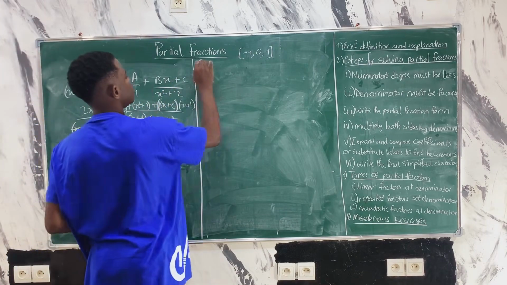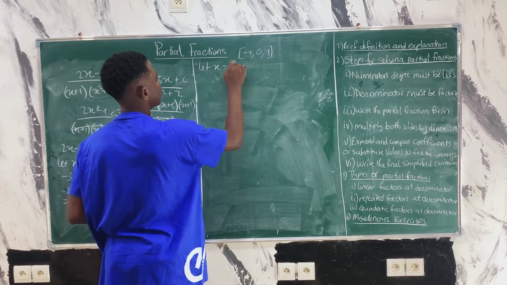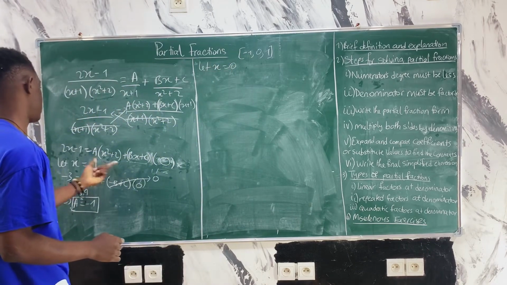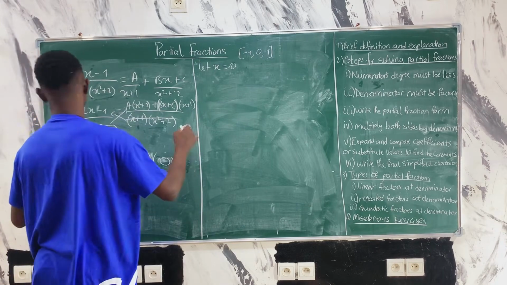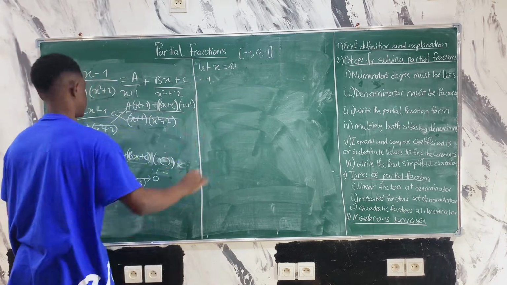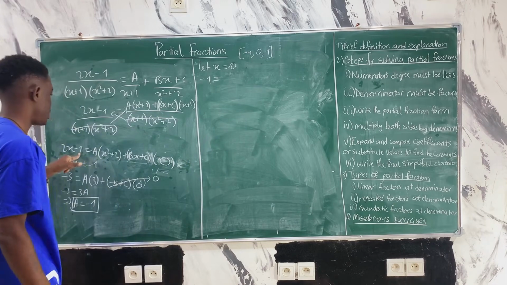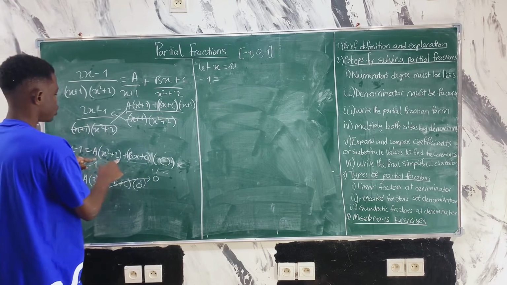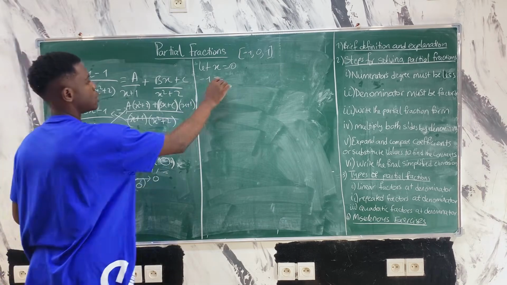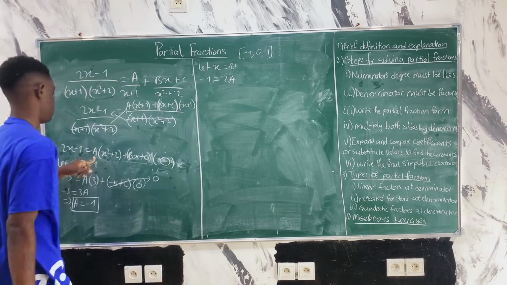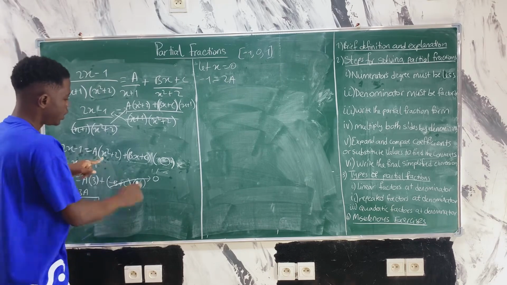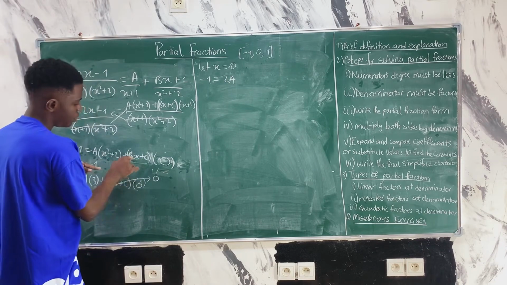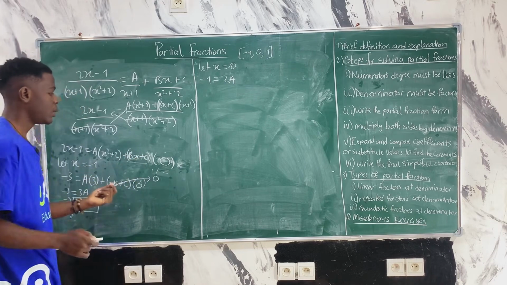So I let x to be 0 to find the next value. Letting x to be equal to 0, I replace it here. I have 2 times 0 is 0, 0 minus 1 is -1, is equal to, letting x to be 0 here, I have 0 plus 2 is 2, 2 times a is 2a, and I put 0 here, 0 times b is 0, 0 plus c is c.